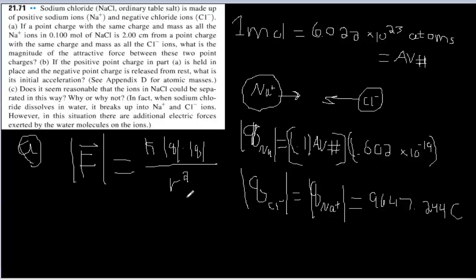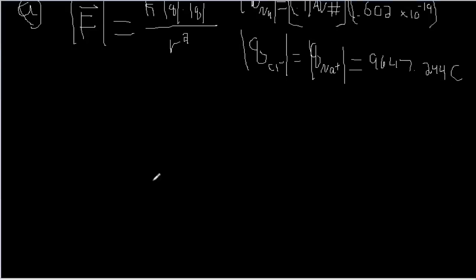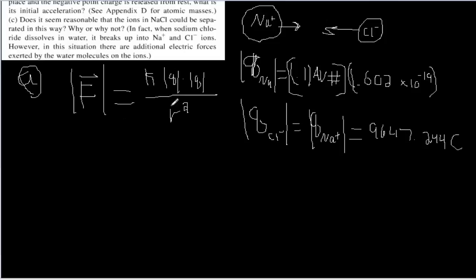And so to answer the question now, finally, we know Q. Since they're both going to be the same amount of charge, we can write this as k, which we know is 8.99 times 10 to the 9th, multiplied by 9647.244, we'll just call it Q, squared, because they're both the same exact magnitude of charge, divided by r squared.